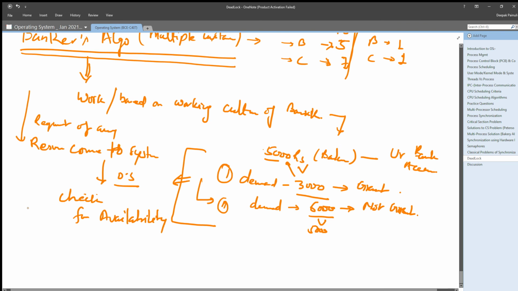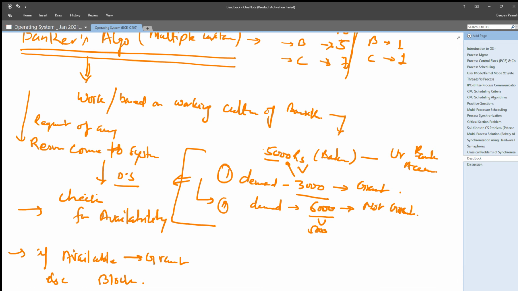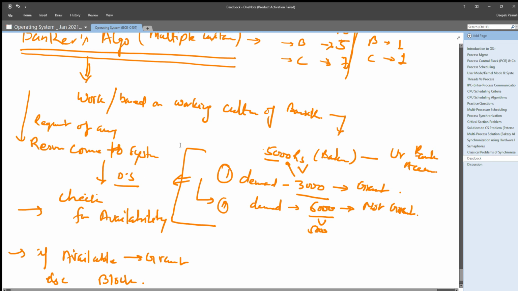First check for availability, and if the resource is available, then grant, else block, or make the requesting process wait, right? So what we have understood is that as a banking system works, in the same way our Banker's algorithm will work, right?